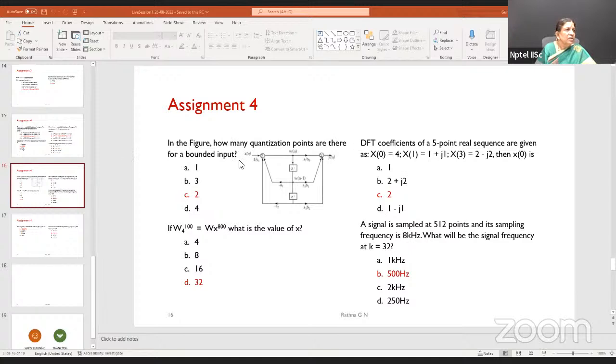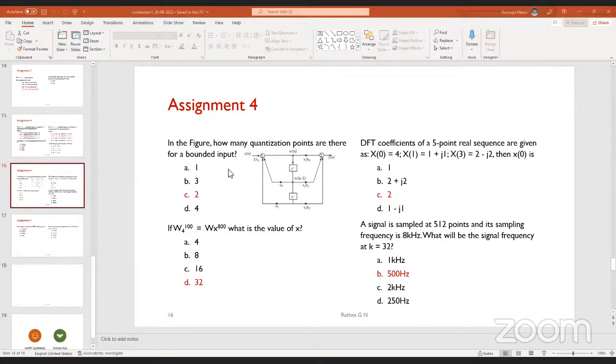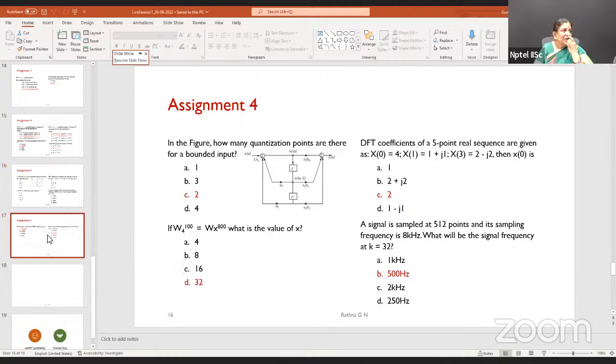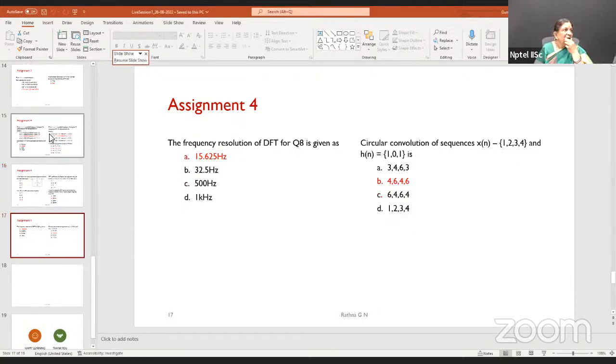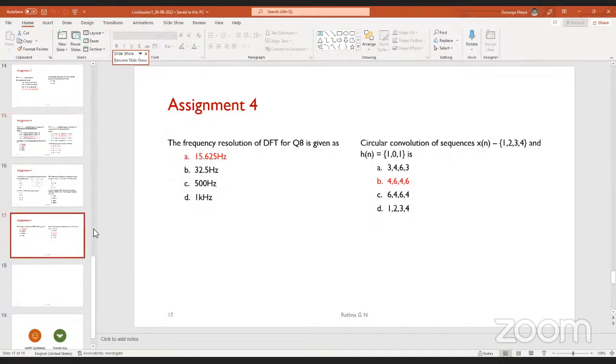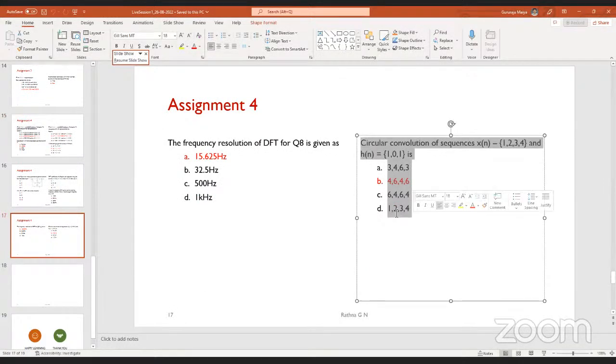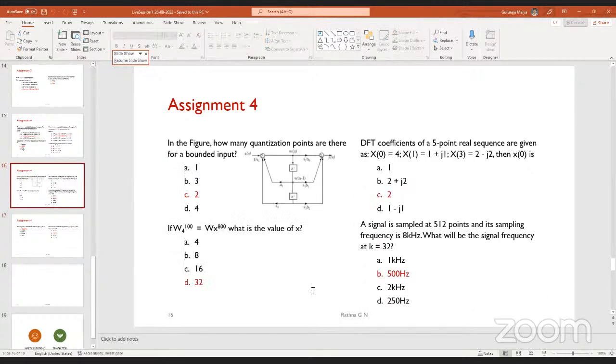No, ma'am. Question number 9: which combination is suited for IIR filter cascading? Here Q8 is given, no, ma'am. That question was not given actually, I guess. Another question was there before this circular convolution. Just a minute. Okay.